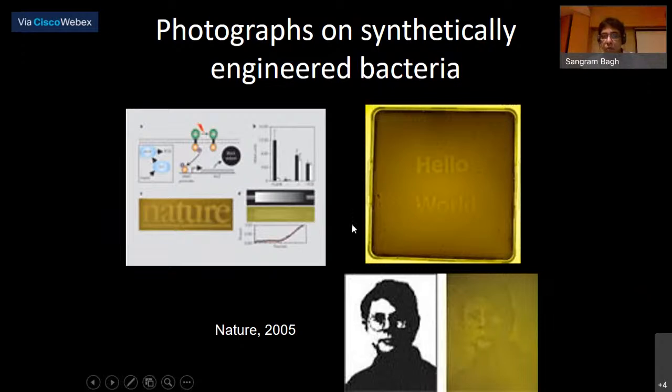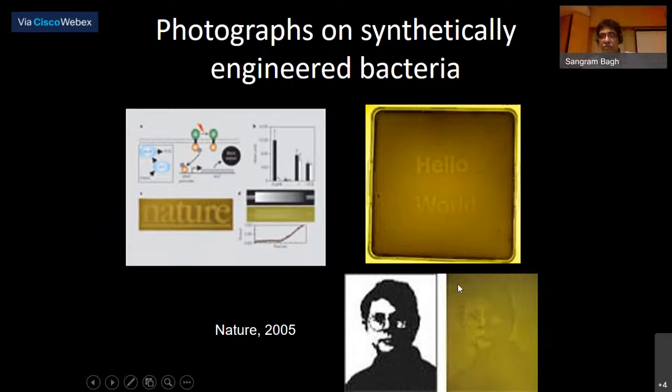On that bacterial film, you take a negative and project it here. Based on this negative, different light shades will fall on this bacterial lawn, and based on that, it will start producing the black chemicals, and you basically develop a print. So you can actually make photographs using engineered bacteria.